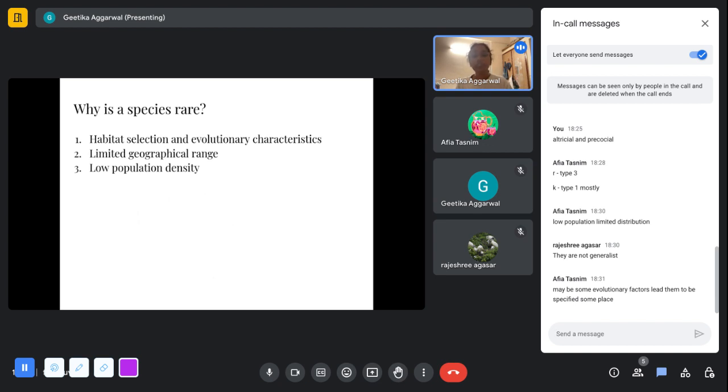So these are certain reasons that make a species rare. And obviously we need to pay more attention to such species when we talk about conservation, or if you're trying to save species from getting extinct, because these are at a higher threat of getting extinct from the face of earth.